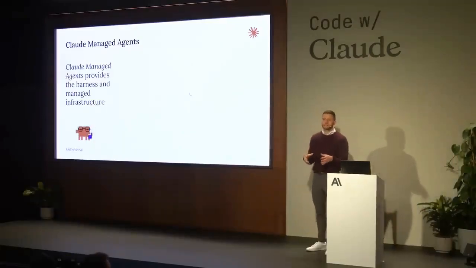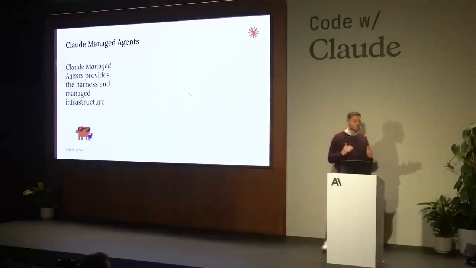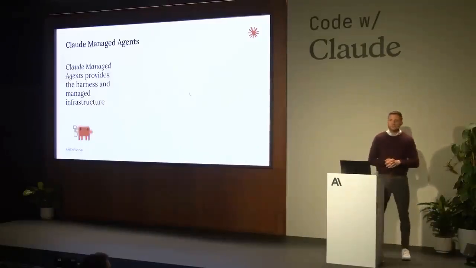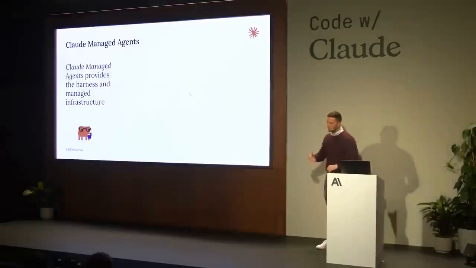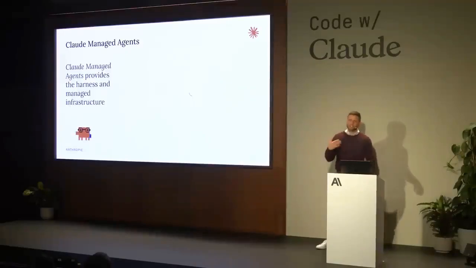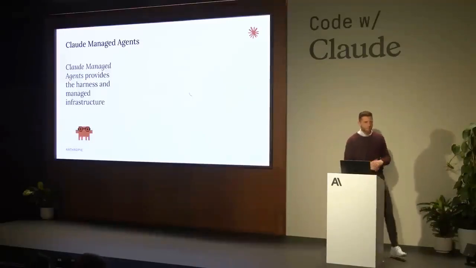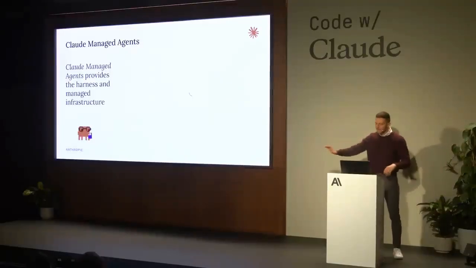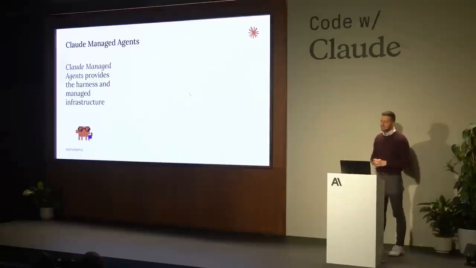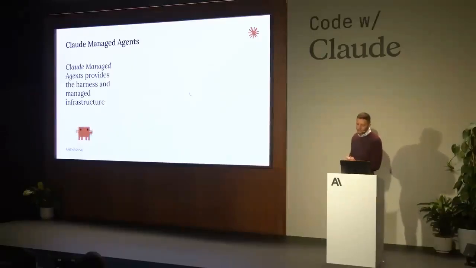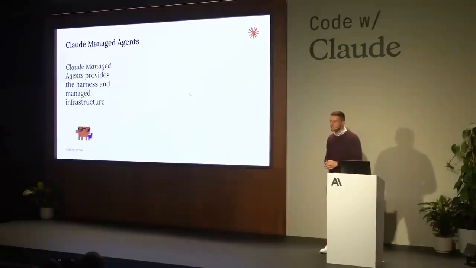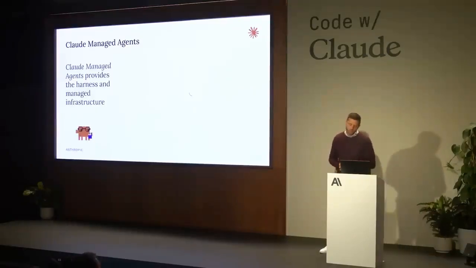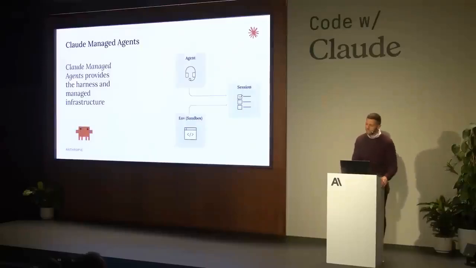But the moment that I need to take that agent, host it remotely, and allow hundreds and thousands of users to engage with that agent at the same time, there's an infrastructure problem, there's a scaling problem, there's memory, there's security, there's so much that I have to account for. So in order to offload that, so I can just worry about the architecture of my agent itself and make decisions around tools, skills, and subagents, I'm gonna offload everything else to Claude managed agents.